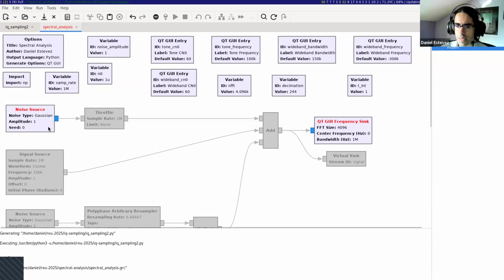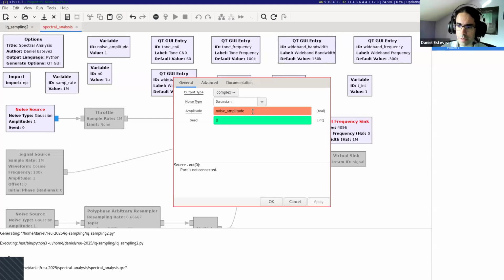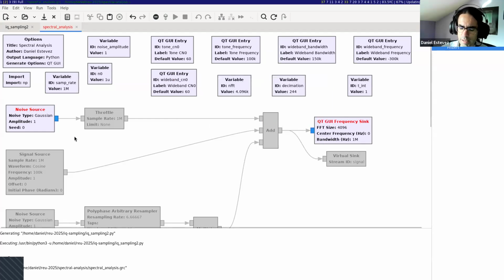It's just a complex Gaussian random variable. You generate independent random Gaussian numbers for the real part and imaginary part with an amplitude, or maybe I should say standard deviation.